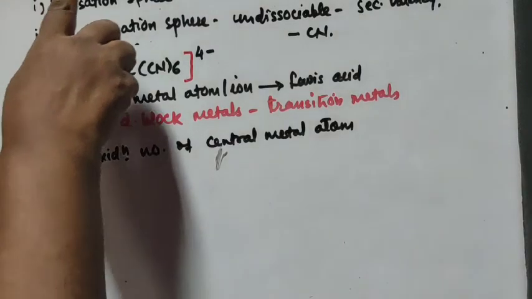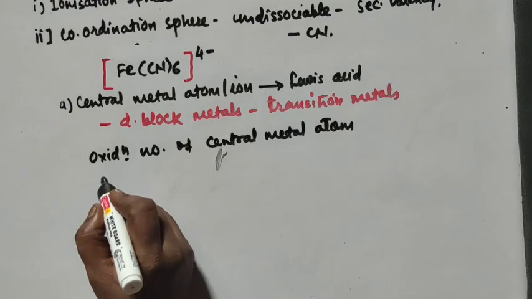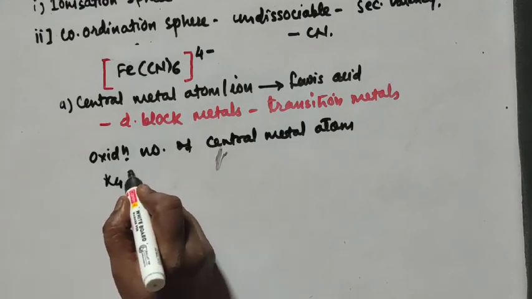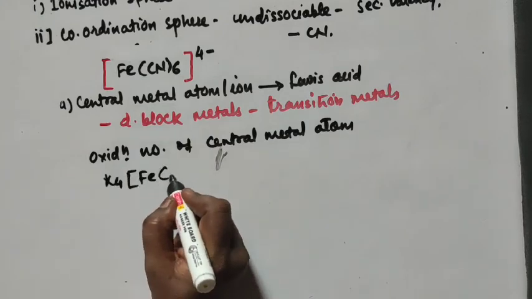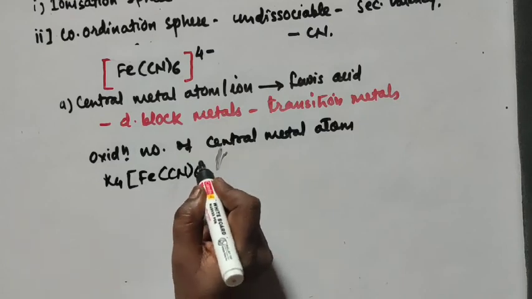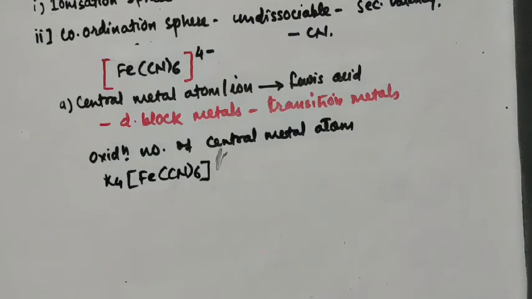So if you consider the example K4[Fe(CN)6], in this case Fe is your central metal ion. To find the oxidation number, this is a neutral molecule, there is no charge, 0 charge is there. So the sum of oxidation numbers of all the atoms present in the molecule is equal to 0, and hence we'll calculate here.